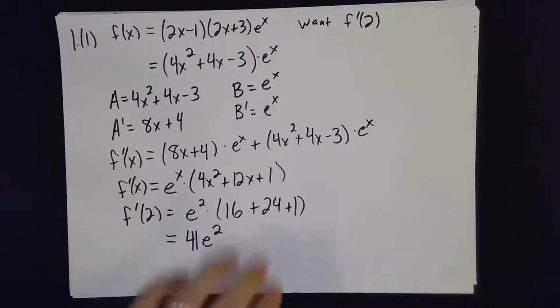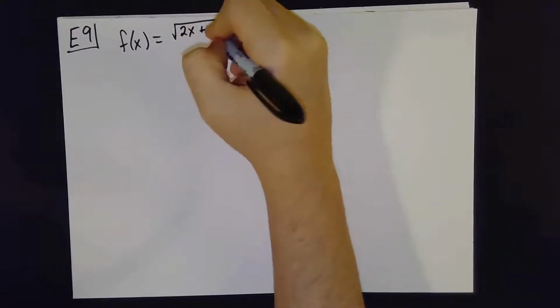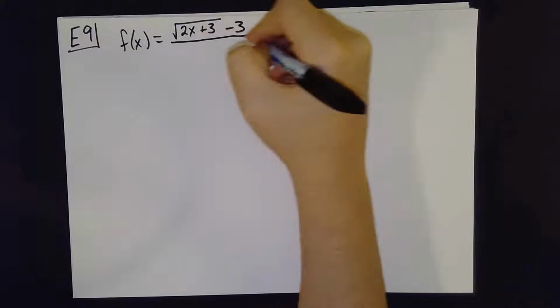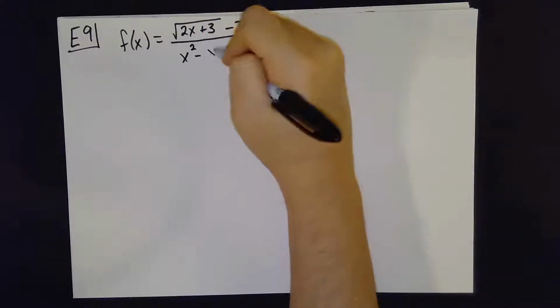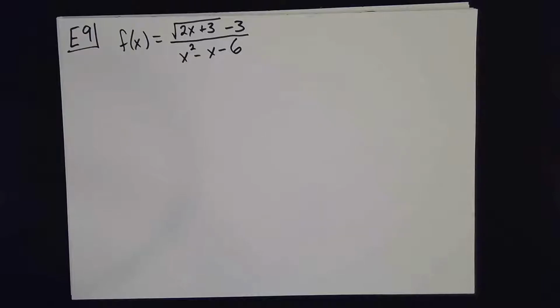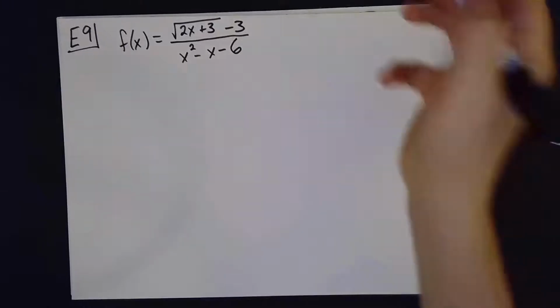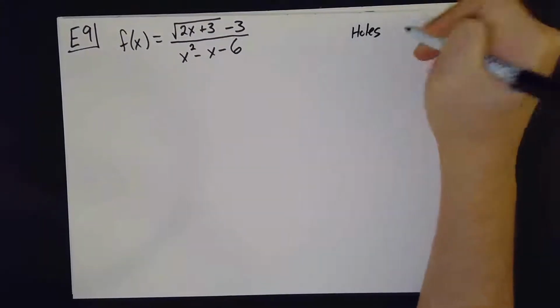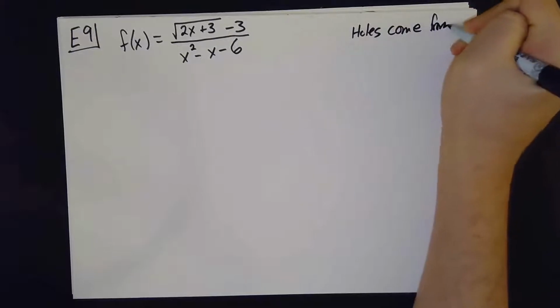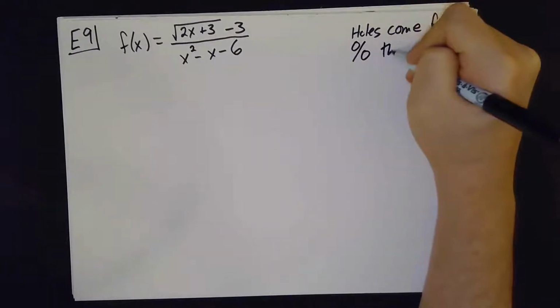Okay, let's do 9 next. Okay, so this one asks us to find the coordinates of the hole. Remember, holes always come from these 0 over 0 things.